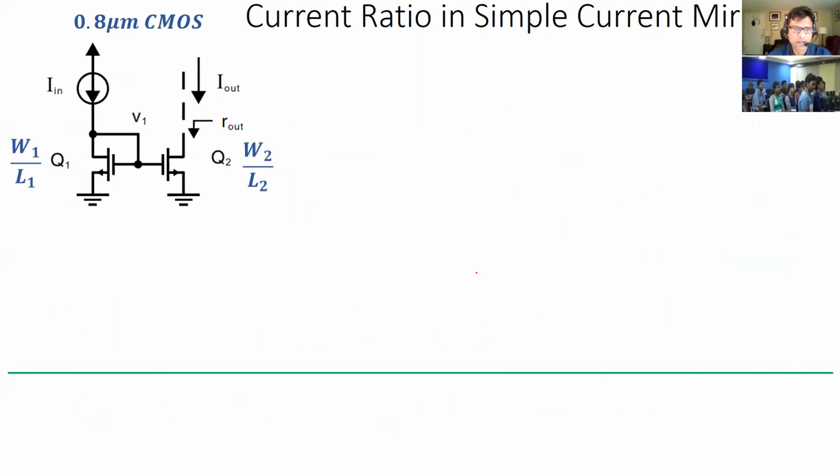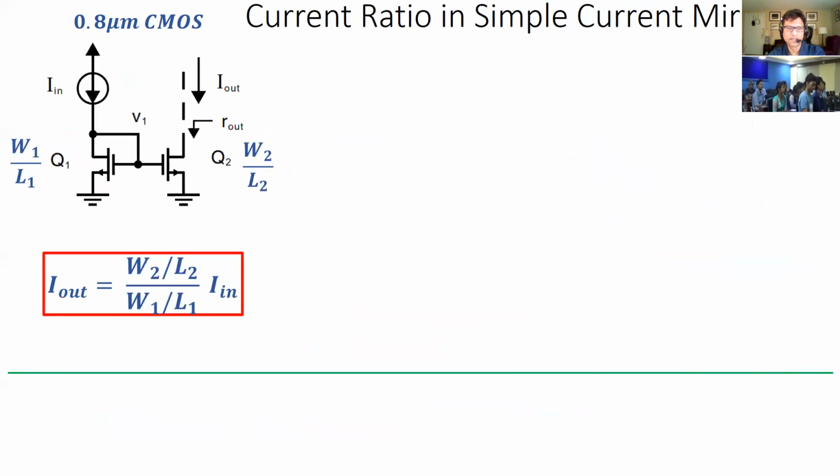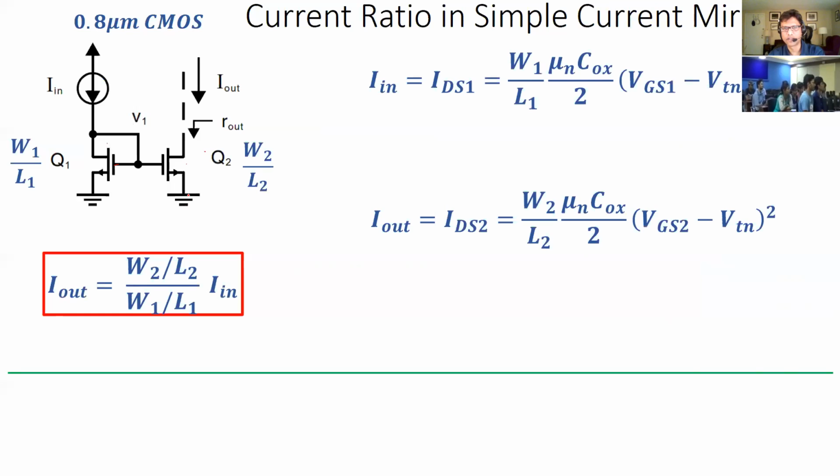Current mirror, I think all you need to know, most people won't ask you any deeper than this: the ratio between the current sources is the ratio between the sizes. I think we have talked deeply about how the current sources function. For example, you're trying to get I in, which has a VGS equal to that of I out, which is based on your W2 over L2.